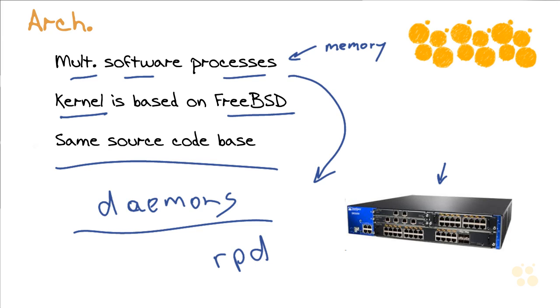Another hugely important one I want you to know, MGD. The MGD is the management daemon that runs on the system. You can just imagine the many management tasks that are impacted and driven by this particular process. Again, separate and distinct from the routing protocol daemon.